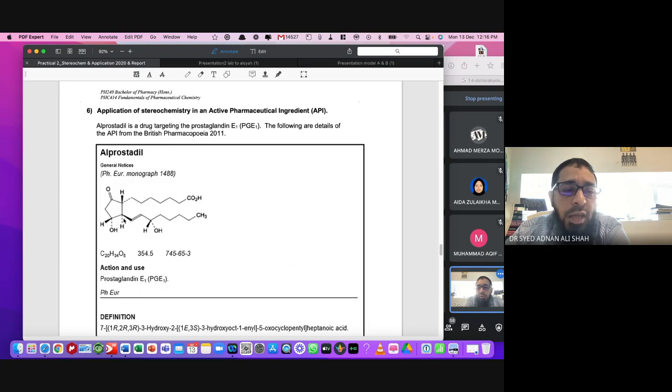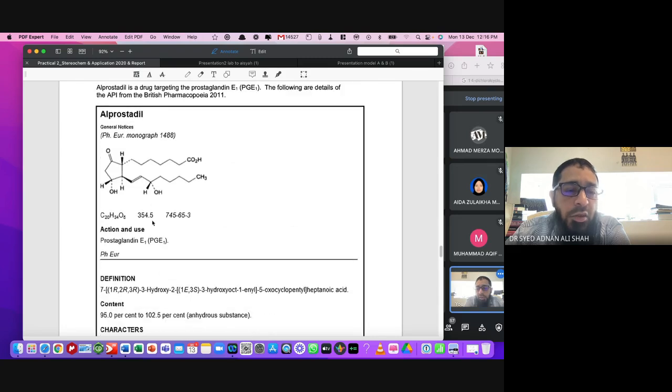Then 1, 2 have stereocenters, and 3 can be a stereocenter, right? 1R, 2R, and 3R: the stereochemistry of this one is R, of this one is R, and of the other one is R. So according to this, there are 3 centers like this, 1, 2, and 3.